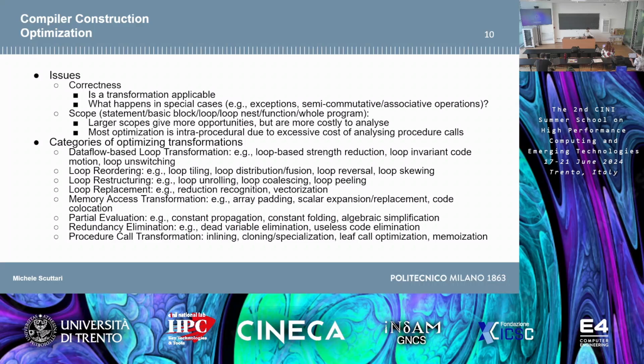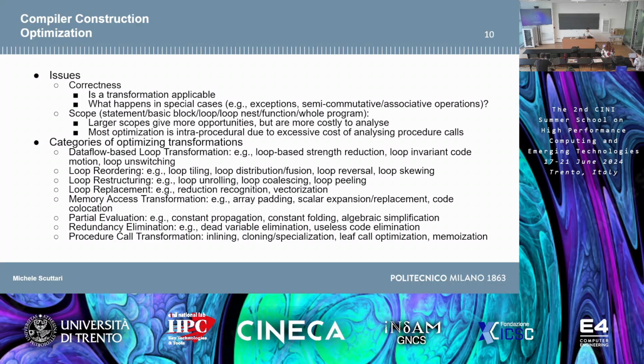What is the goal of these transformations? Well, typically they try to put together nearby iterations that use near memory locations in order to minimize the thrashing of the caches.